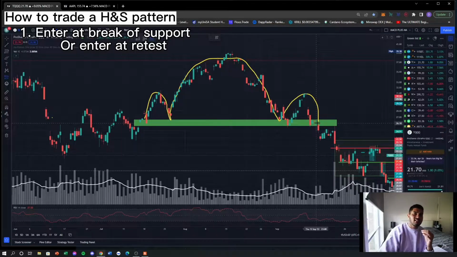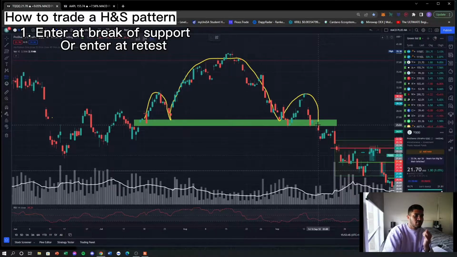We know that once support is broken, it can turn into resistance. Why? Because if someone missed out on short selling on that first round, that's where the person gets another chance to re-enter. This is a bearish setup, basically selling or short selling. And there we go.